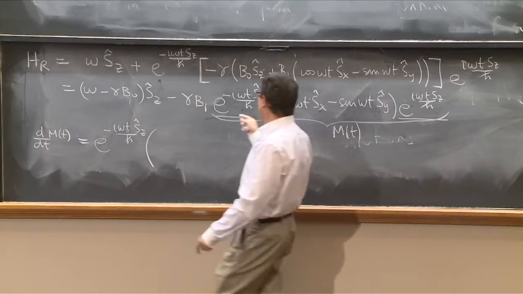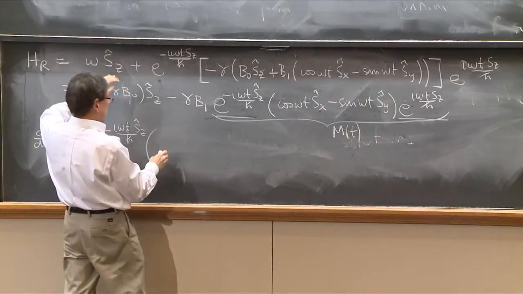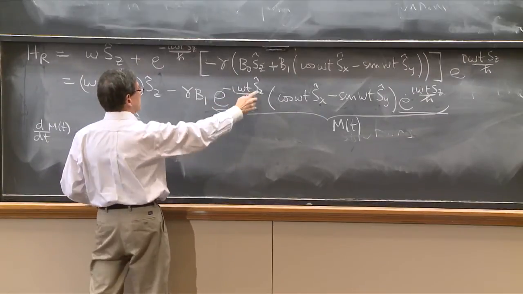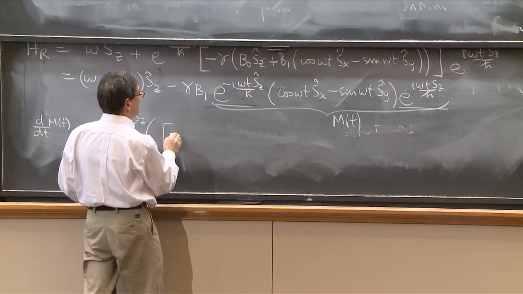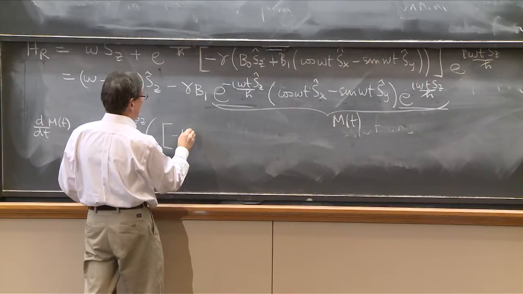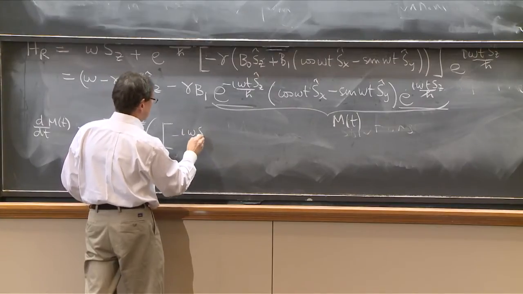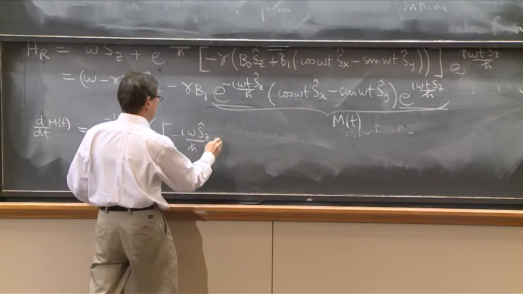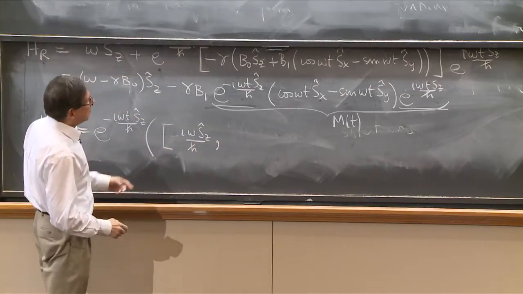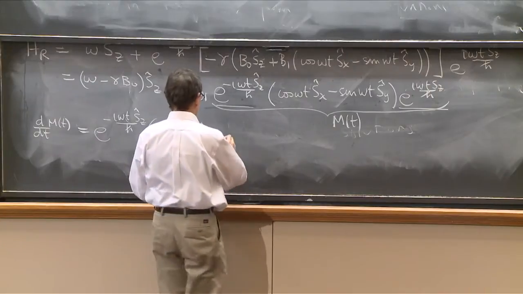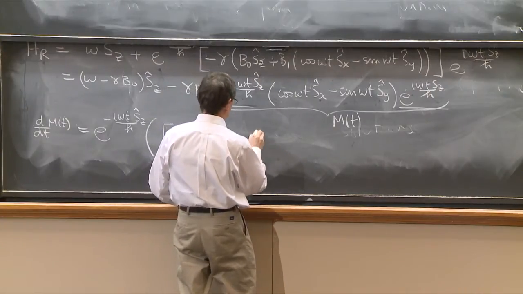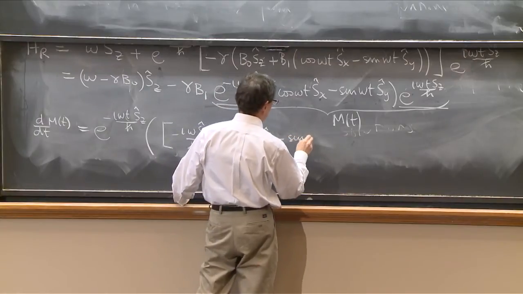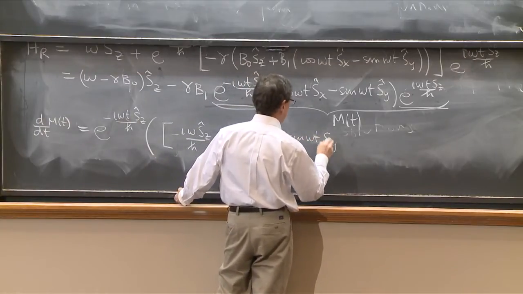So the first thing in this is the commutator of, you take the time derivative of this, of minus i omega S_z hat over h bar, with the rest of this thing, with cosine omega t S_x minus sine omega t S_y.